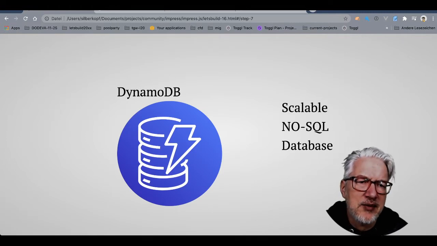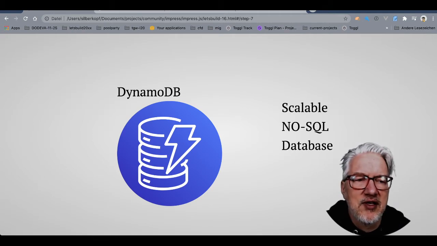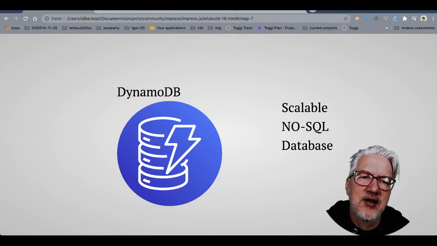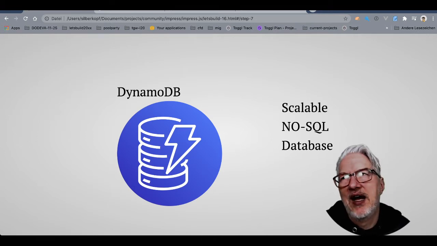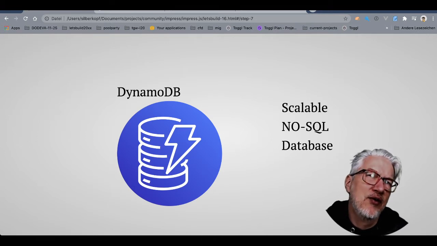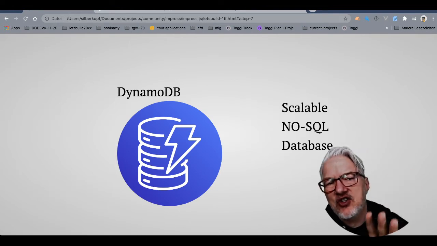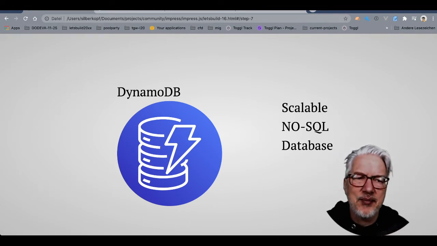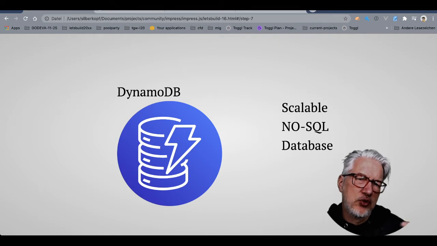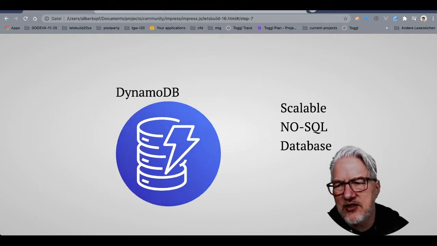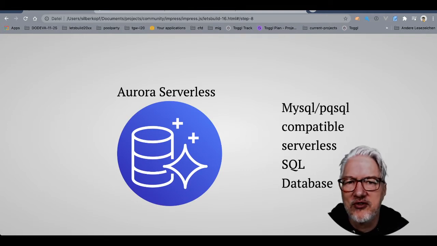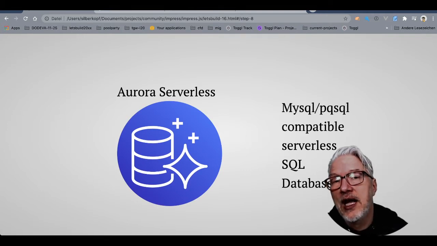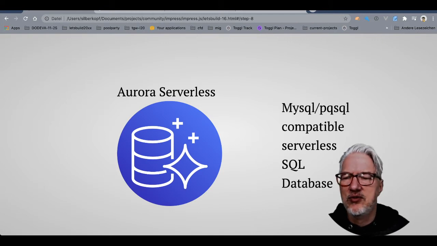So then we have DynamoDB, and before Lambda, DynamoDB was not called serverless, it was just a NoSQL database. And this is the standard way to store a relational database. And the discussion here is about single table design, whether you project relational data to DynamoDB. Then we have Aurora Serverless, which also was not called serverless before, so it's a little bit of a marketing coup to do that.